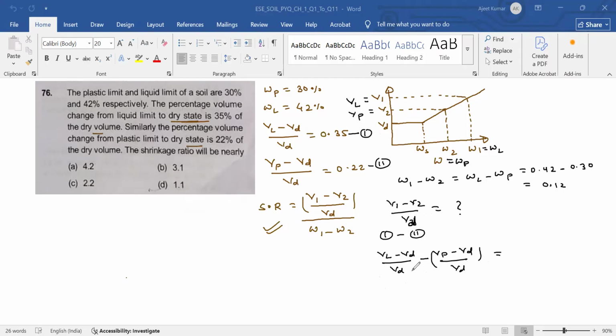Taking Vd common, this is VL minus Vd minus Vp plus Vd.